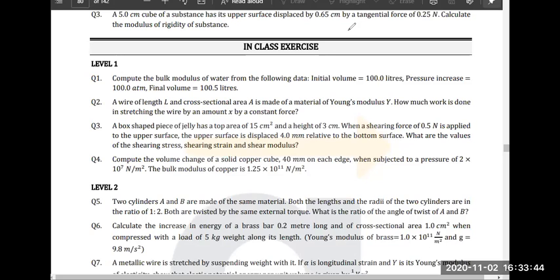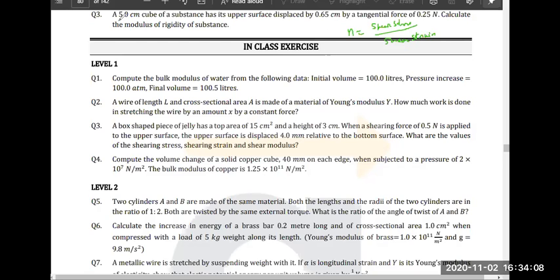We know that modulus of rigidity is again tangential stress, or shear stress, by shear strain. Got it?